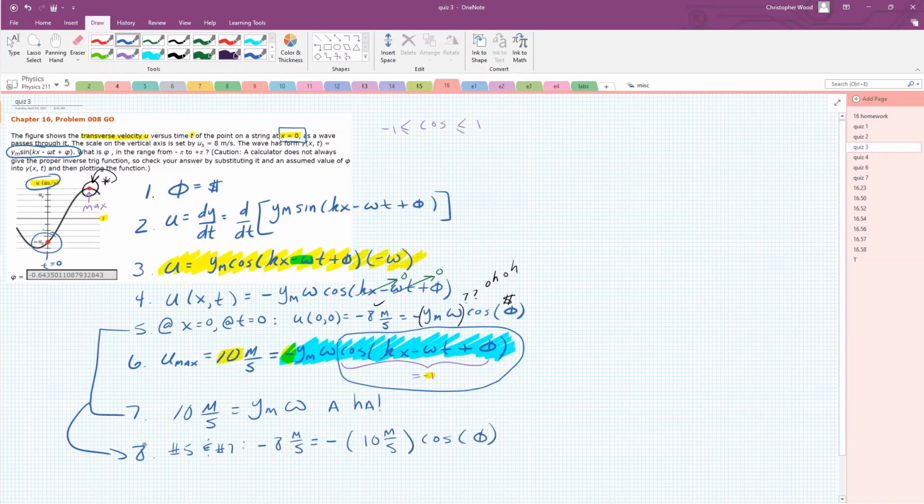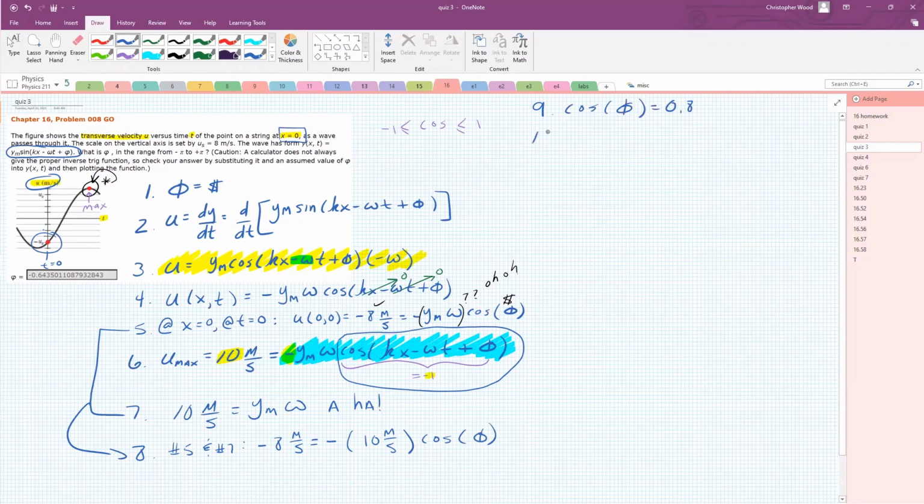That's what happens when I combine steps 5 and 7. So that means number 9 is cosine of phi, my phase shift angle, equals 0.8.